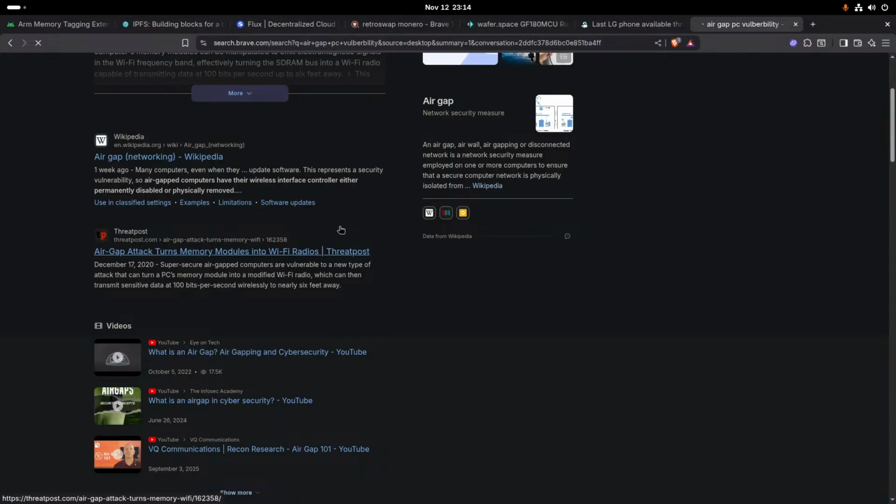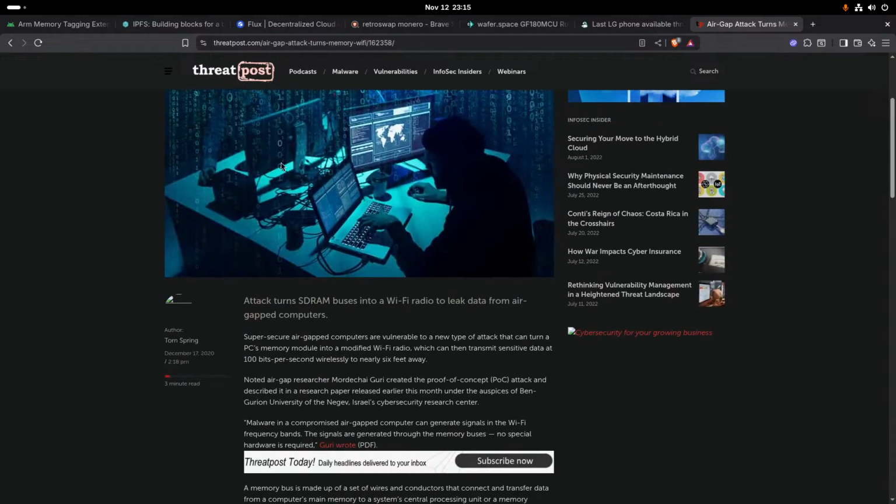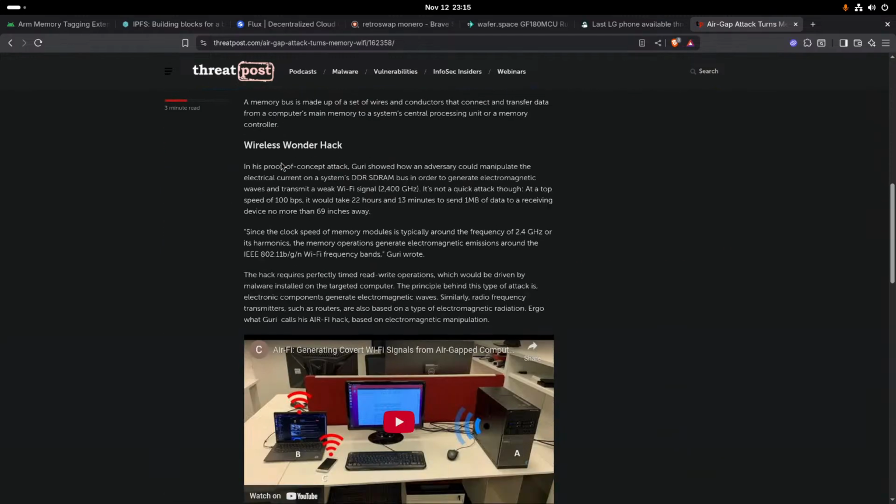It was like RAM in your air-gapped PC gave off a frequency that you could fucking listen to. It's just like, who fucking found this? Air-gapped attack turns memory modules into Wi-Fi radios. That's fucking insane.